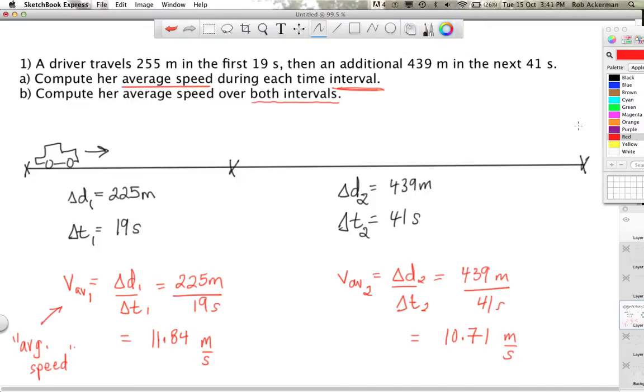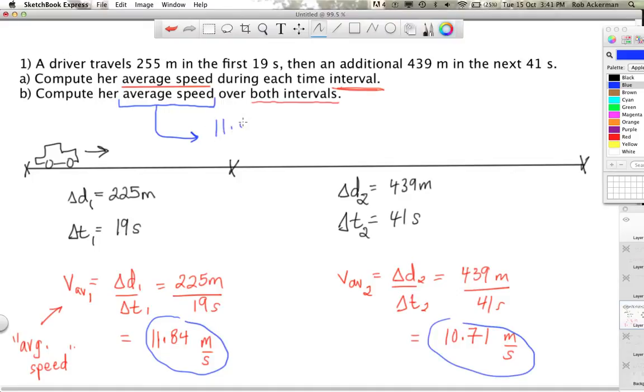Now I know that when a lot of you think of averages, you think, well, just take the total number that you have. We've got two average speeds. We've got this one, and we've got this one. Why don't we just add those up? 11.84 plus 10.71 and divide by 2. That's what I always do when I average.